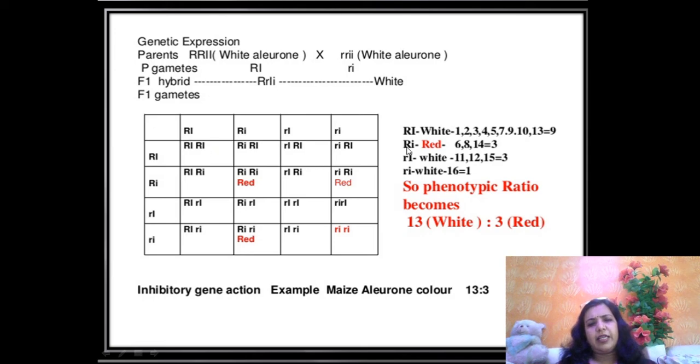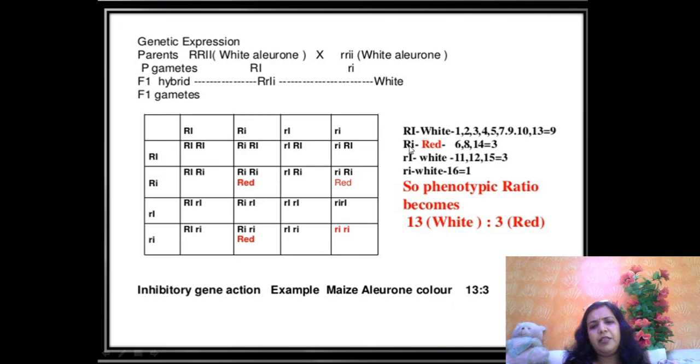Now in the next part, we will see that when capital R is present with small i, here I is not present in dominant form, and for a gene to inhibit the expression of the first gene, it must be in dominant form. It is in recessive form.